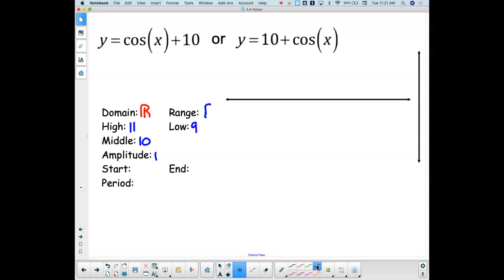So my range goes from 9 to 11. Good to go with that? Where does this one start? Starts at 0. What is this one's period? So where does this one end?